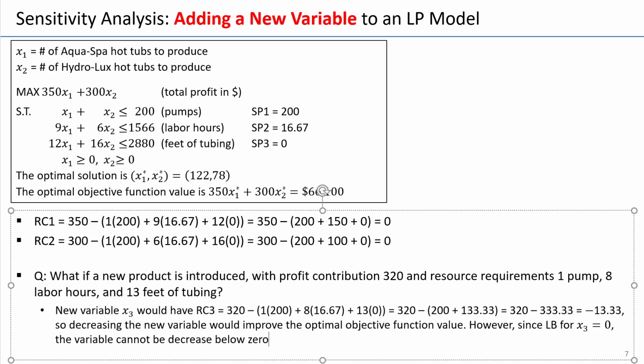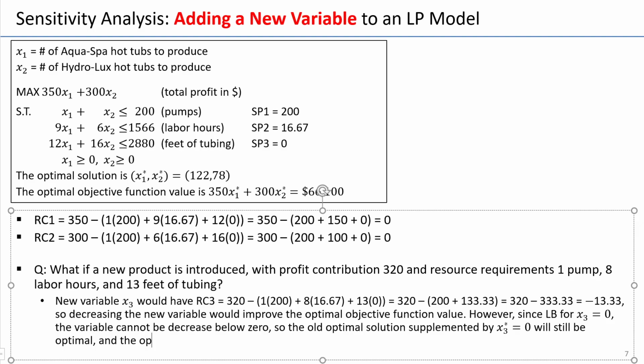So the optimal solution that we had, the old optimal solution supplemented by this new value x3* = 0, will still be optimal, right?